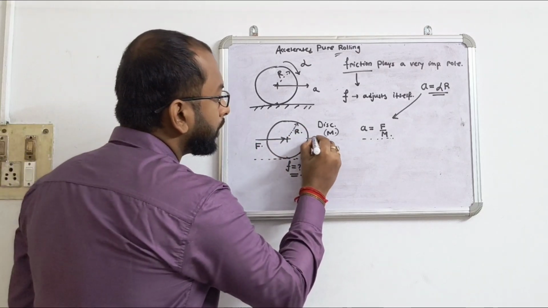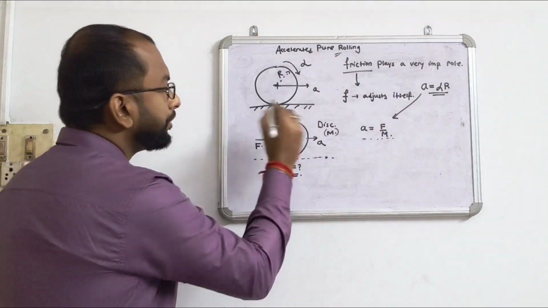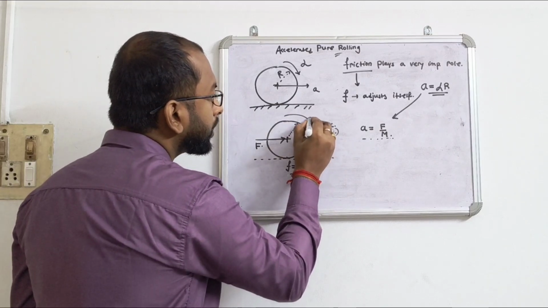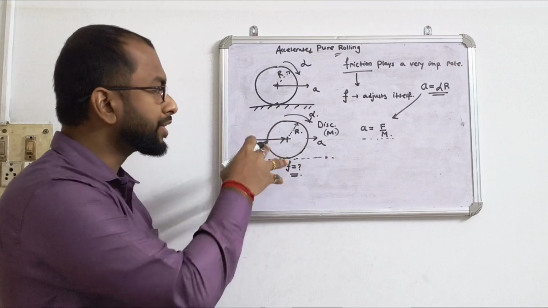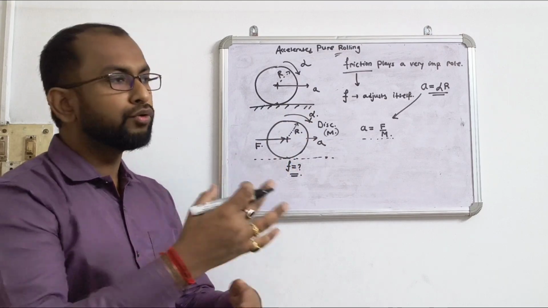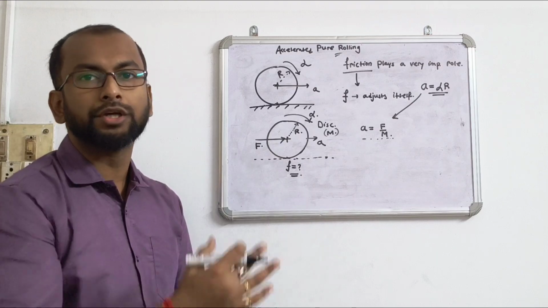If the disc is moving with acceleration in the forward direction, this disc should rotate clockwise. But there is no clockwise torque provided. If you do not apply any clockwise torque, how will the body get the clockwise angular acceleration?